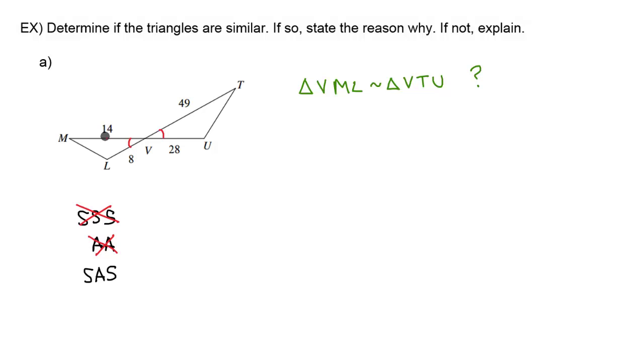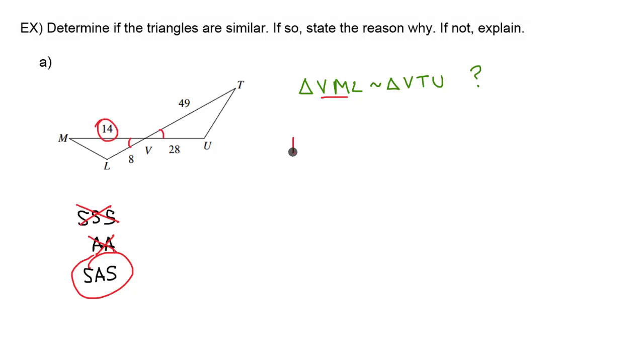However, if I look at my triangles, I do have a side and then an angle that's congruent, and then another side. So I'm going to try to prove side, angle, side. Now, they might be similar, they might not be. We have to check to see if these corresponding sides are in proportion. So the first side I'm going to use is VM here, and that's going to be 14.